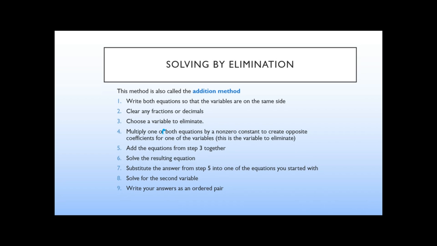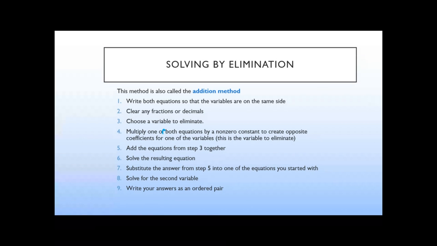And we're allowed to do this because we are allowed to multiply equations by the same thing on both sides. Once you do that, then you add your equations together, which we're allowed to do because we're basically adding the same thing on both sides. They are equal. And so you add them together, and that gives you a new equation with only one variable. And so that's your elimination step. And then you solve that equation.